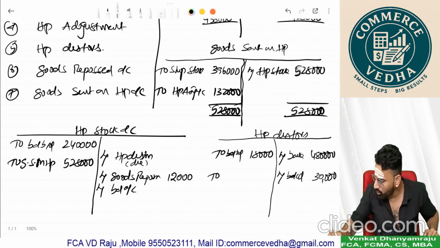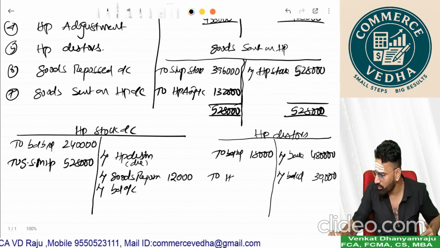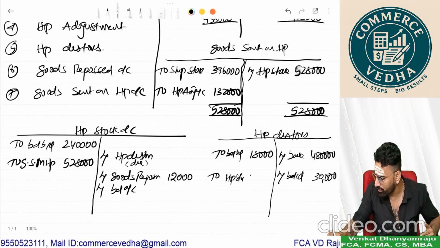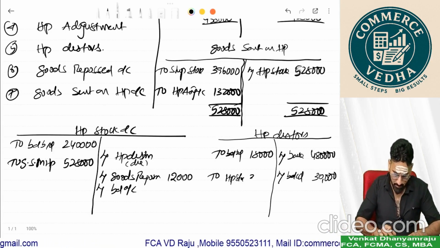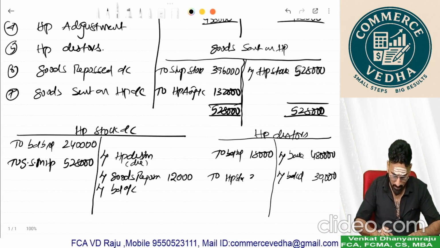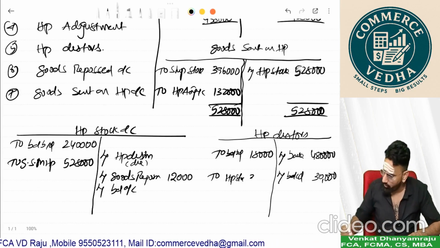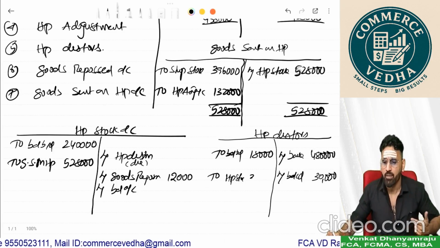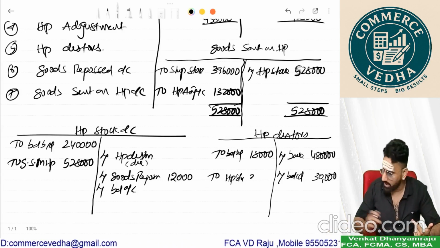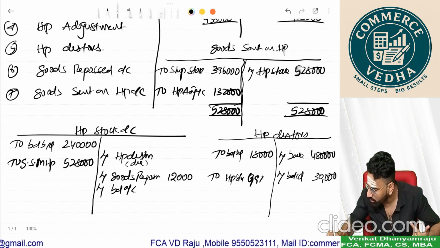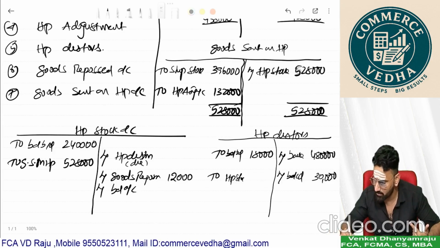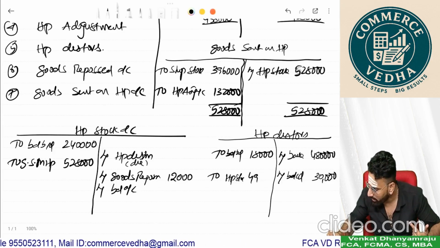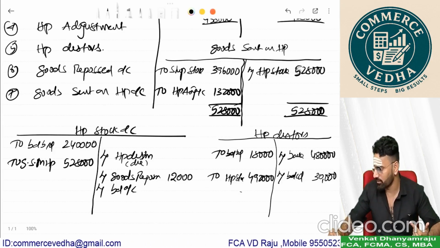So installments due, nothing but hire purchase stock, which is 480 plus 30 minus 12, 4,90,000 minus 18, 4,92,000.